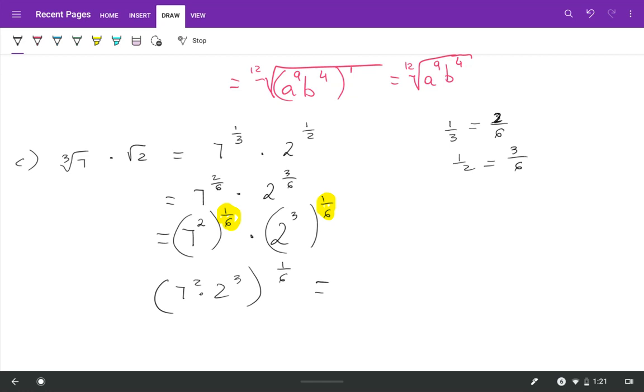Because if you apply the power of a power property, 2 times 1 over 6 will give you the original. Now we distribute 1 over 6 outside, so that gives 7 squared times 2 to the 3rd power, with 1 over 6 outside. 7 squared is 49, 2 to the 3rd is 8, so 49 times 8 gives us 392.